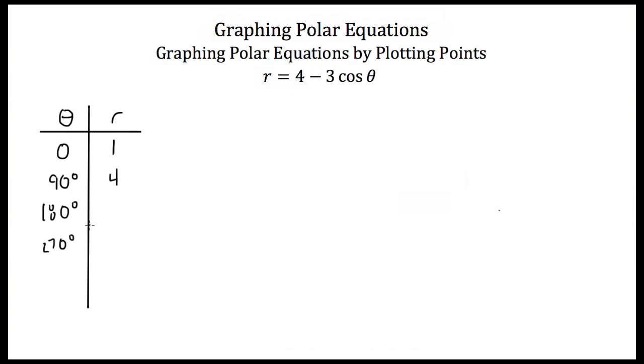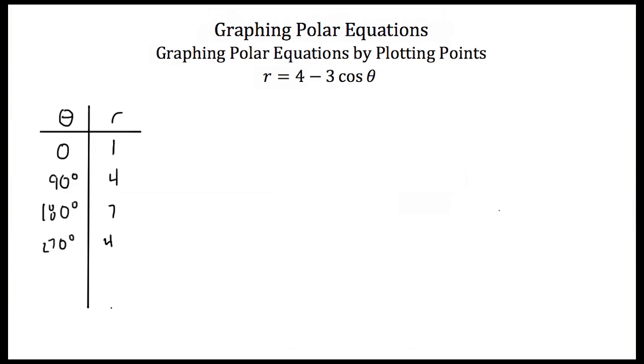The cosine of 180 degrees is negative 1. Negative 1 times 3 is negative 3. 4 minus a negative 3 is 7. The cosine of 270 degrees is 0. 0 times 3 is 0. 4 minus 0 is 4. So I've got some points, and I can plot them.